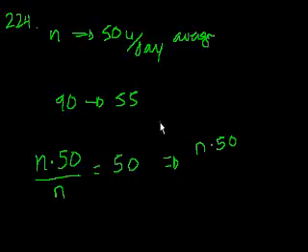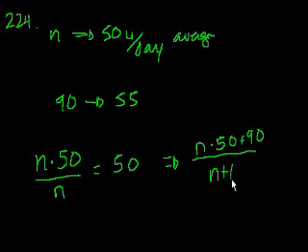And what I want to do is add the production for today, that is 90, and now I'm going to divide by n plus 1 days. And now the new average is 55.